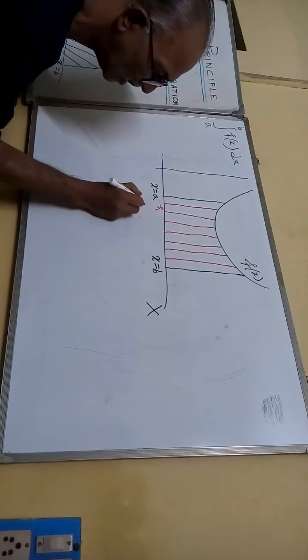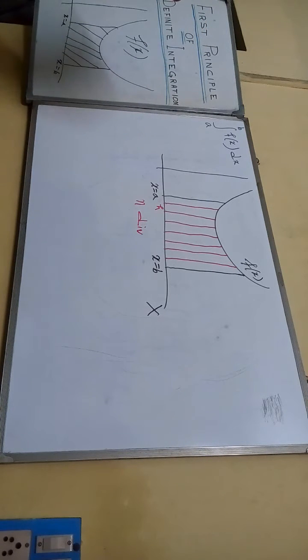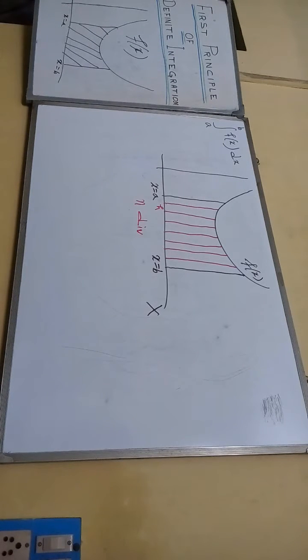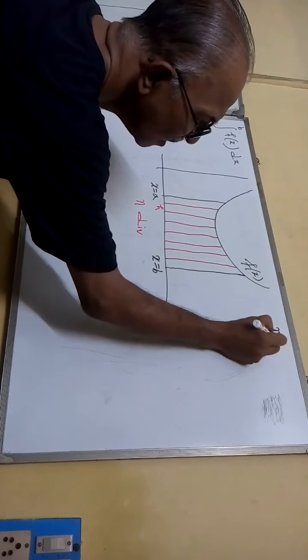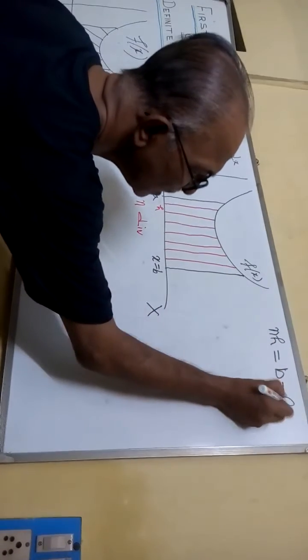So from here we can say nh equals b minus a.